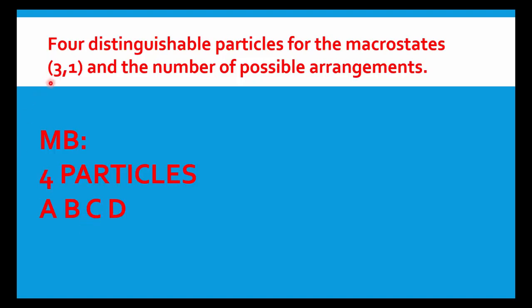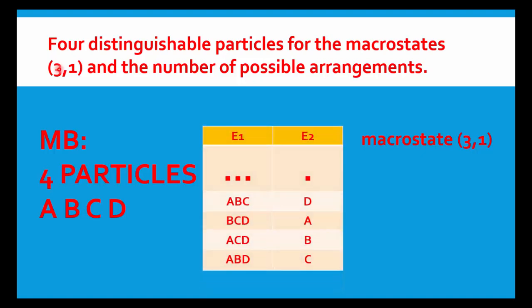Now what do you mean by 3, 1? It means that you have 2 cells or 2 energy levels, and in the first energy level you have to keep 3 particles, and in the second energy level you have to keep 1 particle. So the definition of the macrostate is fixed.